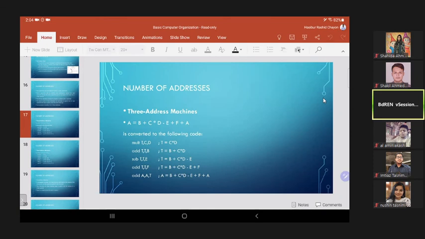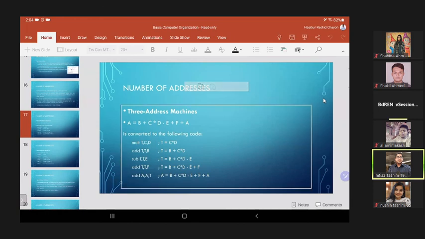Sir, can we write E, comma, C, comma, D, comma, B? Can we write T, comma, C, comma, D, comma, B? In the second line? I understand: instead of doing the addition in the second line, you want to do the subtraction.